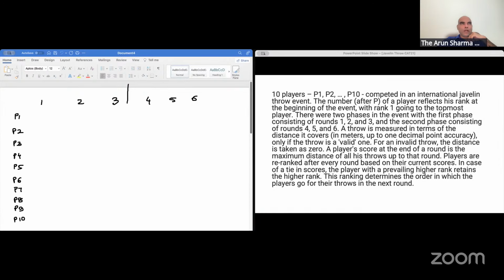Just give me a second. I'll just pause the video a bit, and I just want to make sure that you're able to read this better. So I'll just break my PowerPoint into a couple of pages so that you can read this, because I have to show you both the PowerPoint as well as the Word file together, because otherwise I'll not be able to solve this without showing you the parallel Word file.